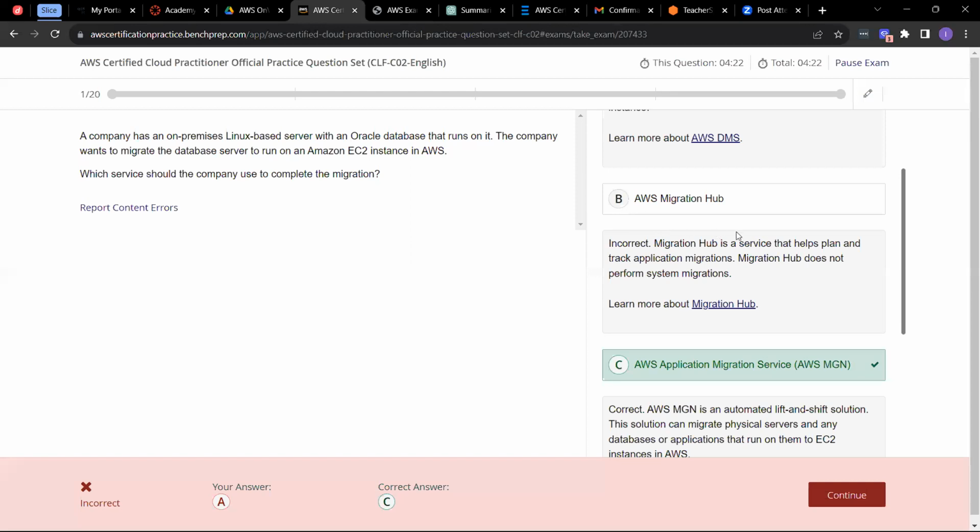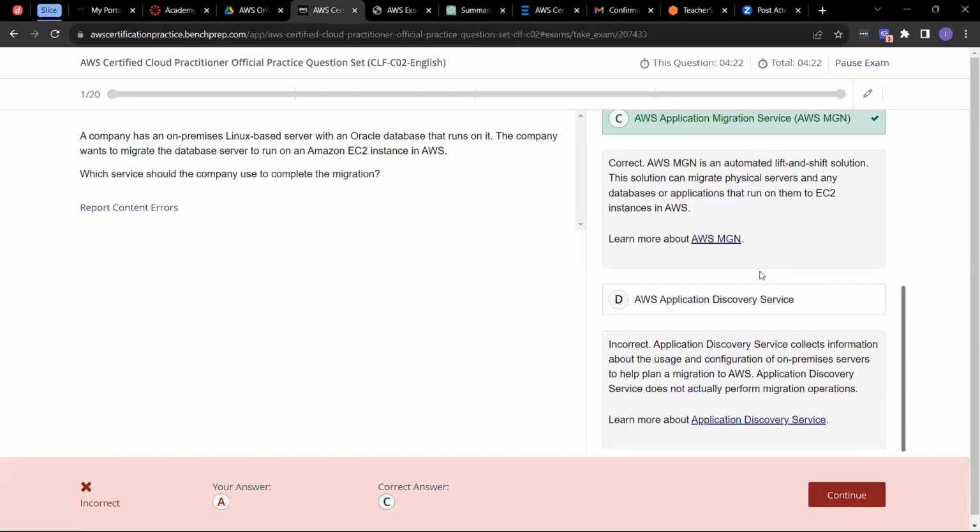For these ones, they are odd ones, but I think we can also read them. Migration Hub is a service that helps plan and track application migrations, so it does not perform migration. It's more or less like a tracking service for migration services.